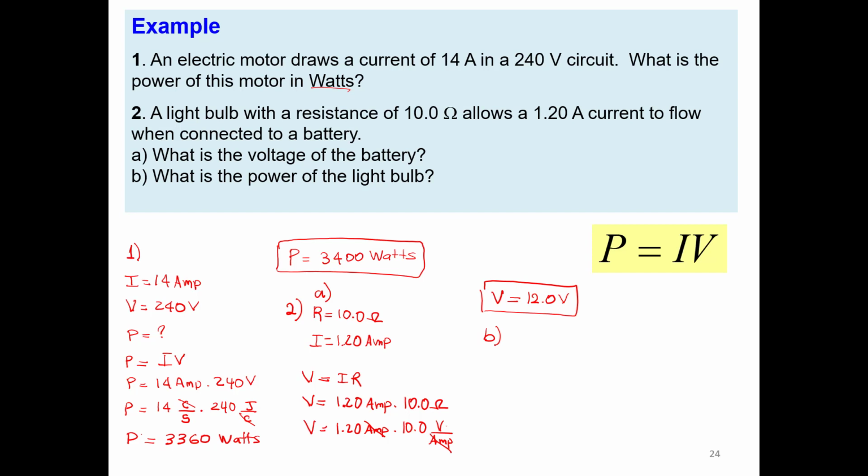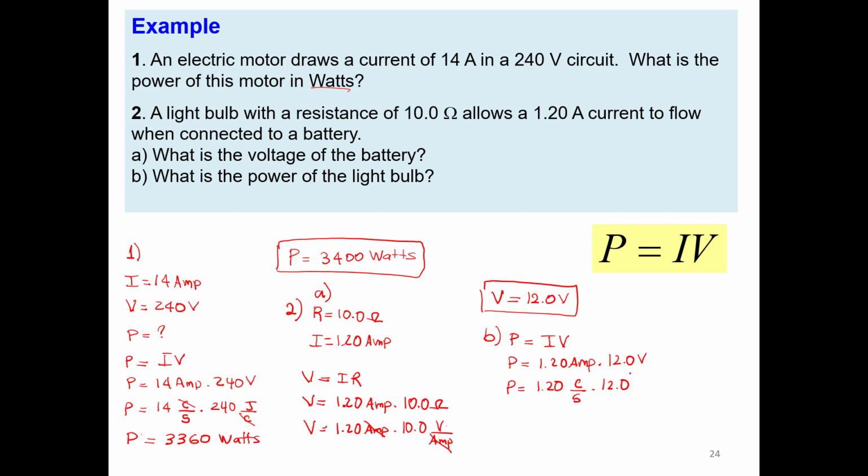Let's now solve the second part. What is the power of the light bulb? And the power will be the current multiplied by the voltage. Then we know the current is 1.20 ampere, and the voltage is 12.0 volt. And let's see the units. In case of the ampere, it is how much charge per second.